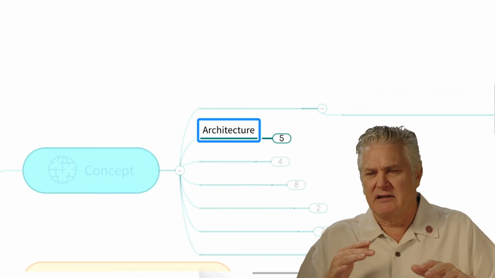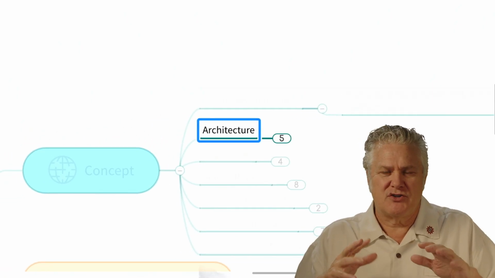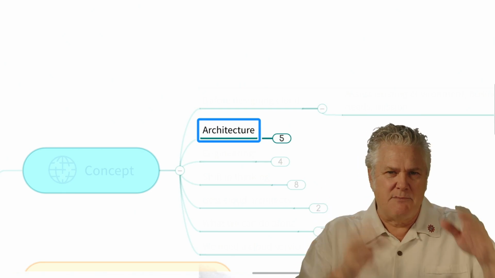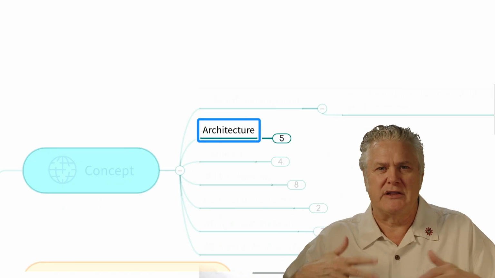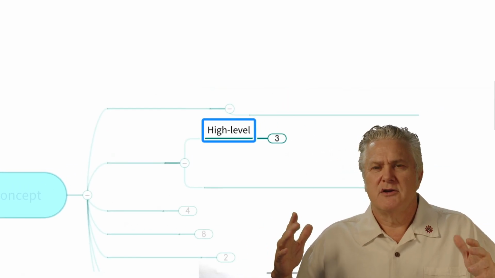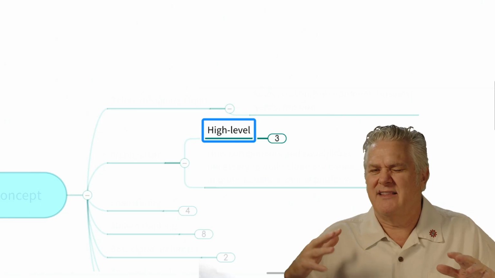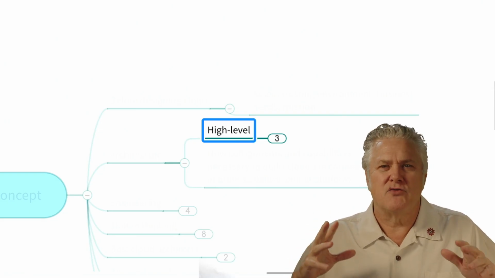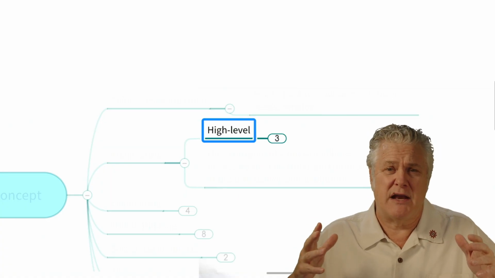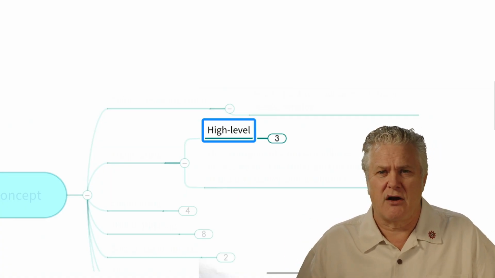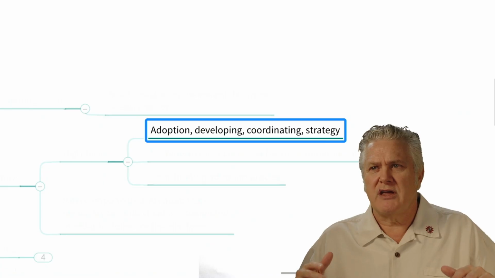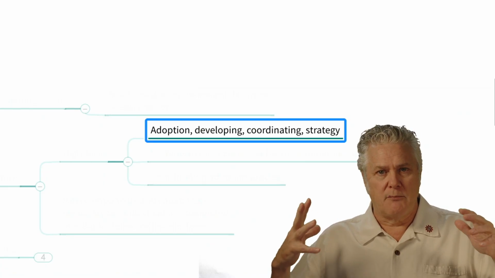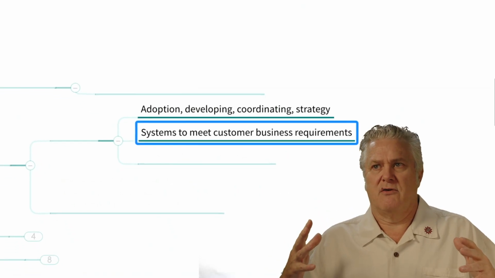And that's great. And we would start to talk about doing enterprise architecture at this point, because we don't just want to keep on buying servers because they'll breed like rabbits. You'll have too many of them. So at a certain point, and I think this happens somewhere around 500 servers, maybe it's 100 servers, depending on how homogeneous they actually are, at a high level, we're looking at adopting, developing, and coordinating a strategy for our computing architecture, okay?